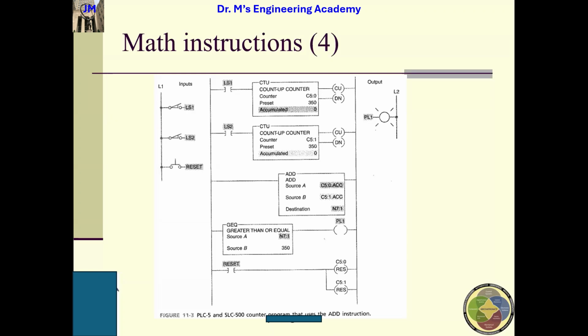Then we compare this content with 350. If it is greater than 350, parallel 1 is energized. And if you press the reset, you reset both of these two counters.